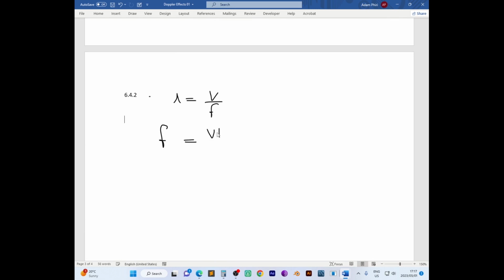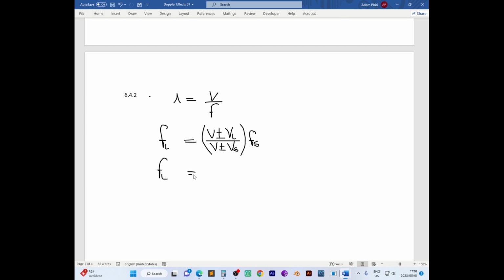So our frequency of listener there would be V plus or minus VL over V plus or minus VS. So we're going to have the standard equation again, and then from there we calibrate.